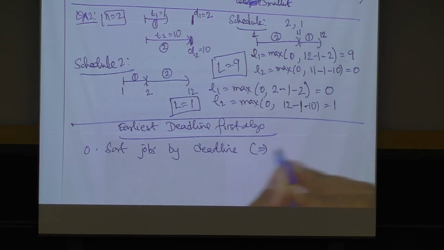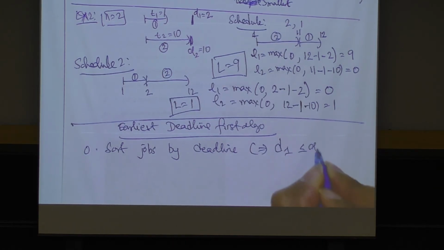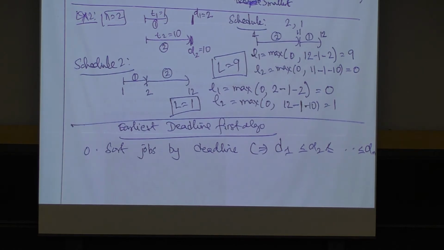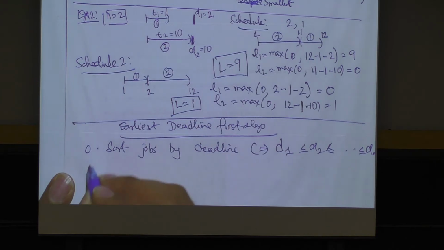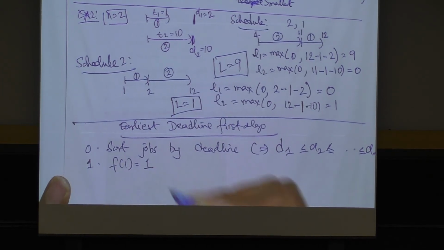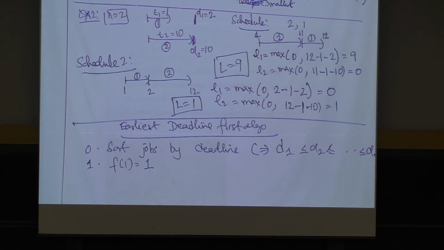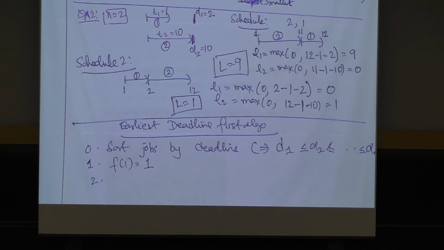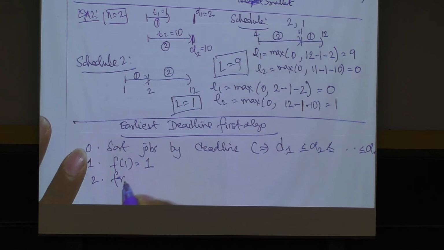So what this means is once this is done, the order from 1 to n, we're going to assume that D1 is less than or equal to D2 and so on and so forth. So you start the first job at the first time that you can, and then you just go in order and schedule everything one right after the other.